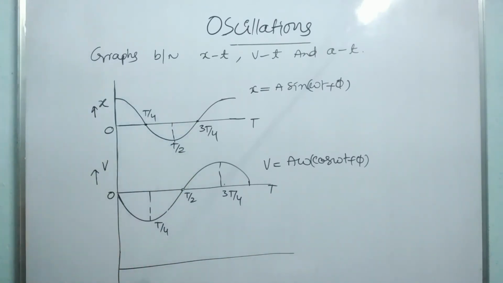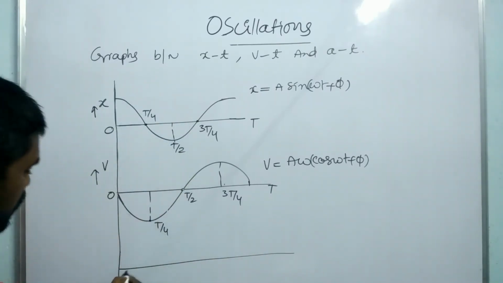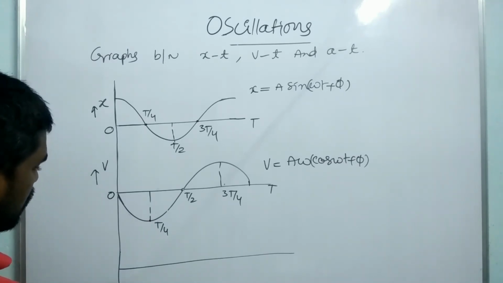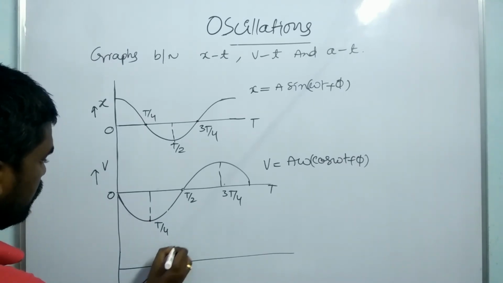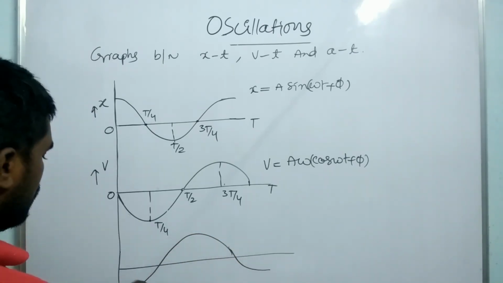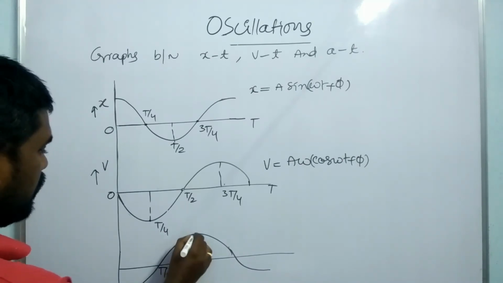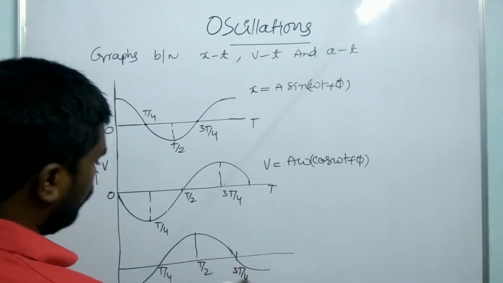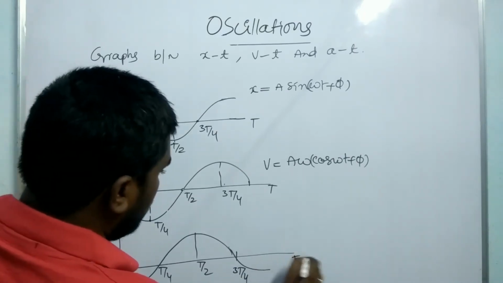So now the graph between acceleration and time. So this is the acceleration. Now we have to start with this one. So in this manner, this is t by 4, and this is t by 2, and this is 3t by 4. So this is the time.